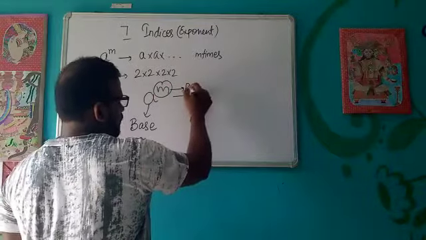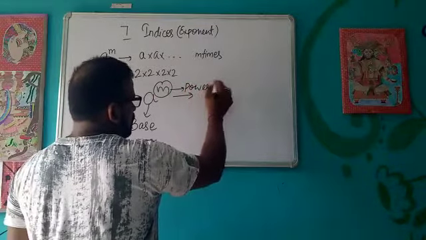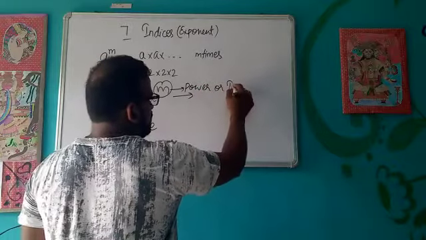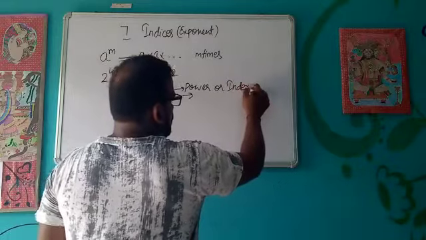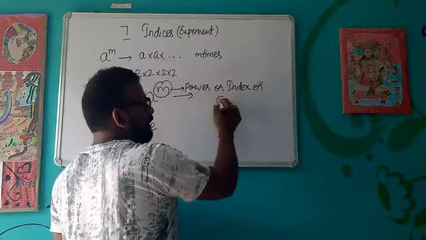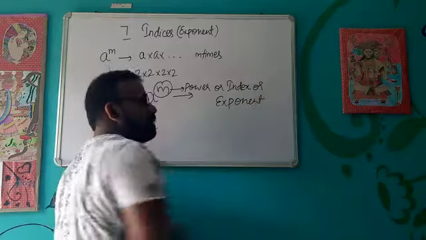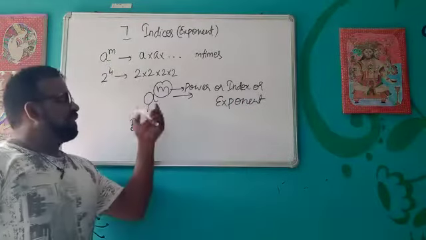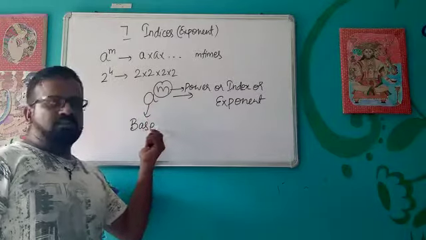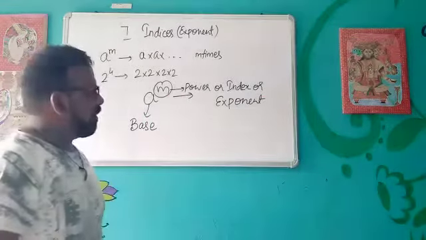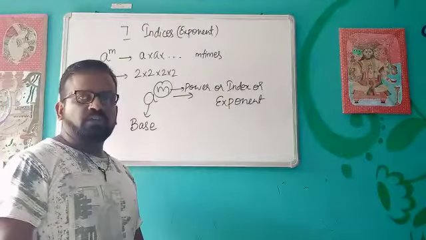We sometimes call it power, or sometimes index, or sometimes we also call it exponent. So in a to the power m, a is the base, and m is known as power or index, or sometimes exponent also.